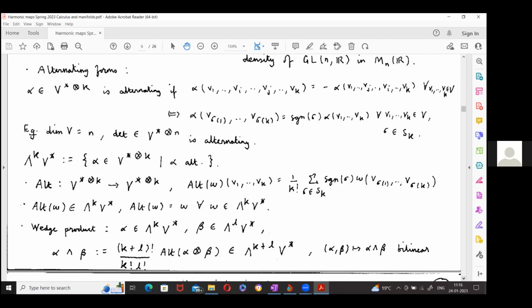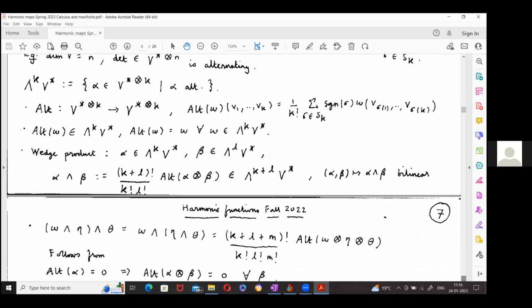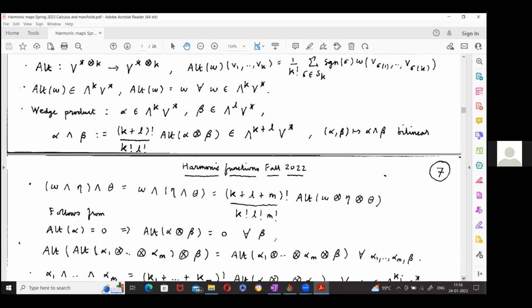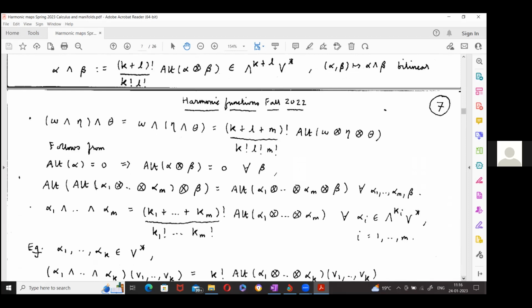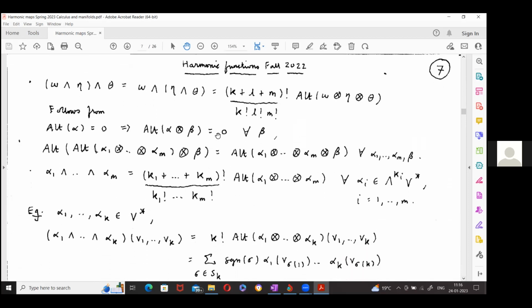So this gives you a bilinear product: alpha, beta goes to alpha wedge beta. And then I won't prove this, but you can check that this is associative. So omega wedge eta, the whole thing wedge theta, is the same as omega wedge eta wedge theta. And you can give a formula for this wedge product of three forms.